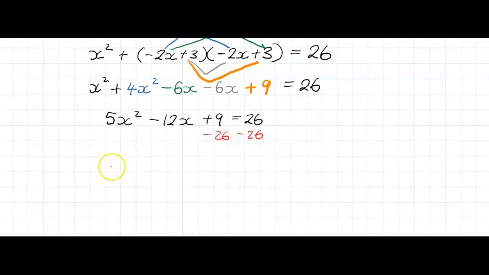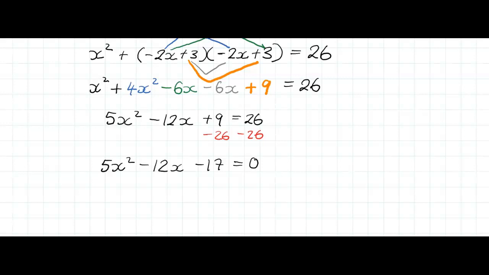So we have 5x squared minus 12x plus 9 take away 26 is minus 17, is equal to 26 take away 26 is 0. So now we're left with a quadratic equation.